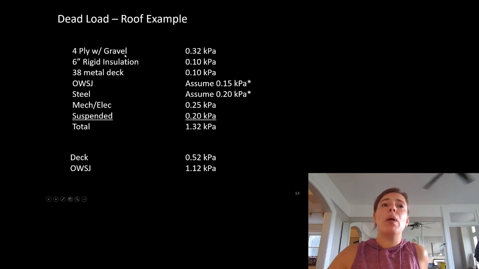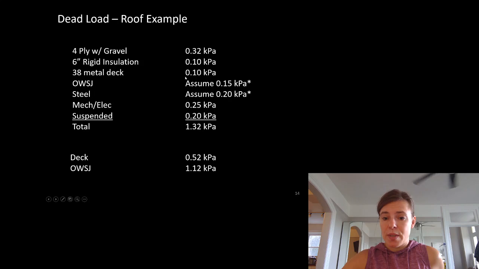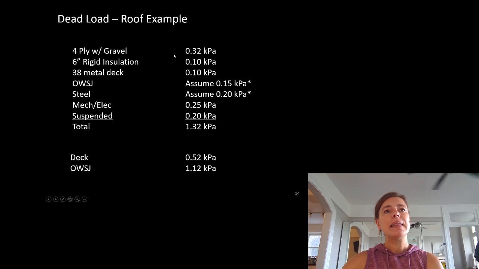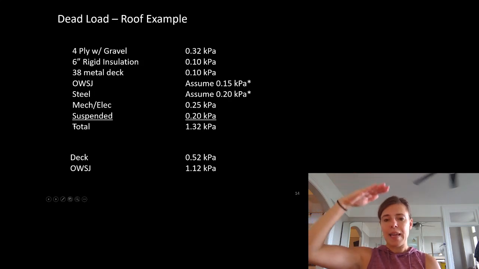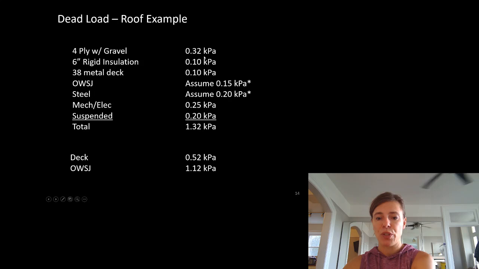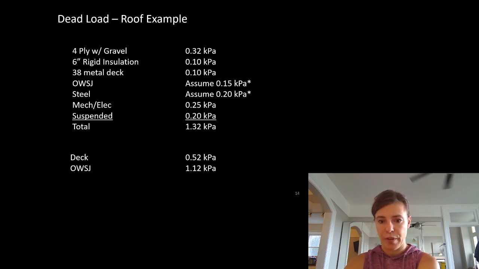So for example, the deck has its own self-weight. It also has the rigid insulation sitting on top of it. You see that this list of things is usually written in the order that they appear working top down. So our deck has its self-weight, it supports the rigid insulation, and then on top of that would be our 4-ply asphalt with gravel roofing.